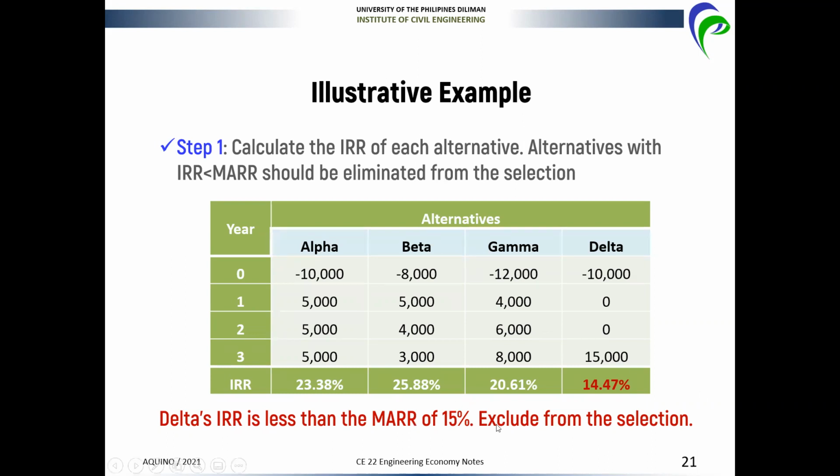And last, is it safe to assume that you all know how to calculate the IRR for each of these alternatives? Can I get a check mark or a thumbs up, whatever is easier for you to do? Kung kayang-kaya na natin to, I can leave it for you to check yung accuracy nitong values na ito.